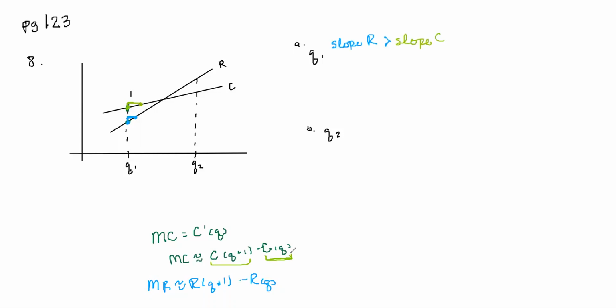The revenue gained going from R of Q to R of Q plus 1, or in this case, R cubed 1 plus 1, is going to be greater than the cost of making that same jump. So basically what I'm saying is that the slope for R is greater, so MR is going to be greater than MC.